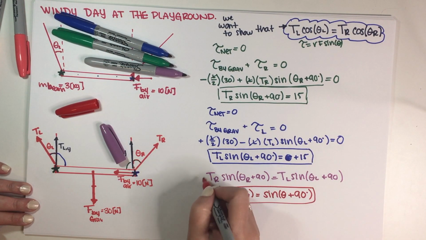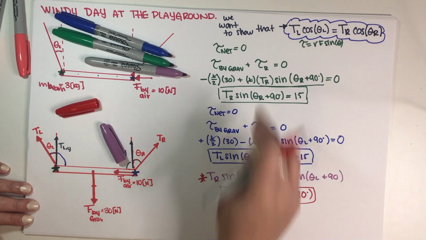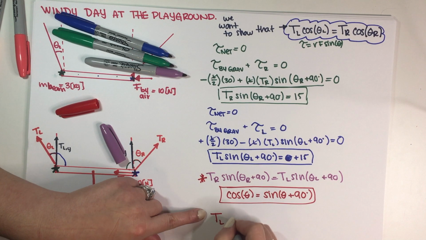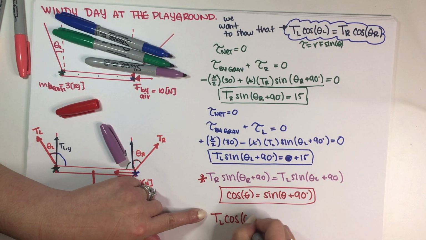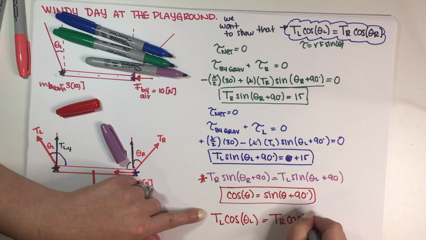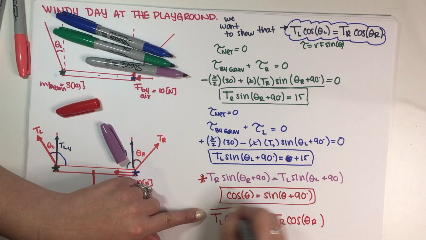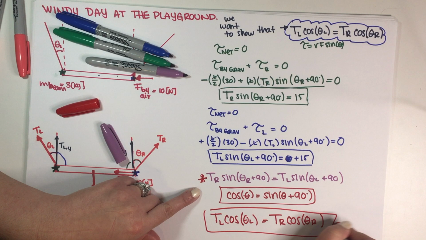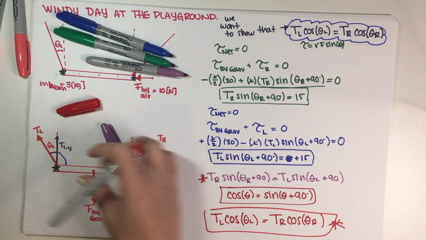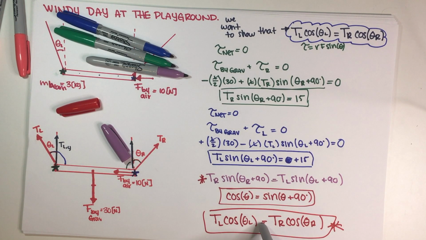So by proving this, essentially, we just proved that TL cosine of this angle is equal to TR cosine of this angle. So this basically completes the proving part. This arrow has to be exactly equal to this arrow, and this is the proof.